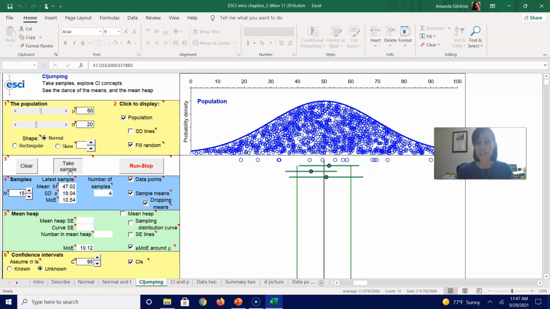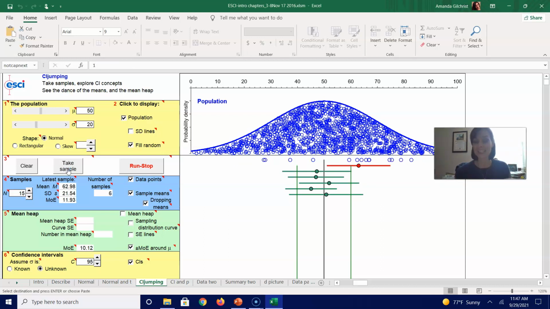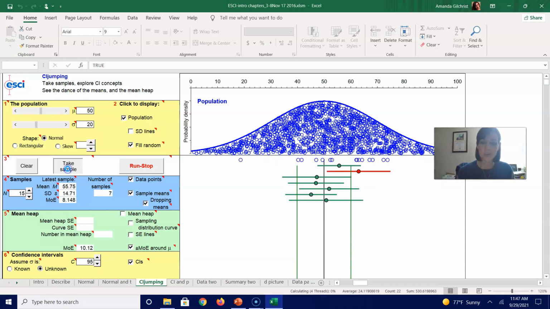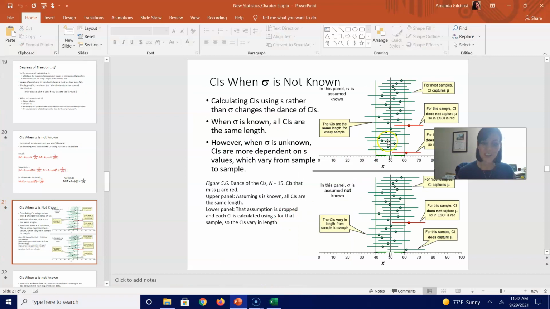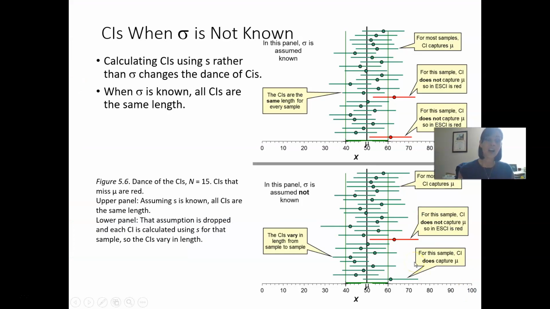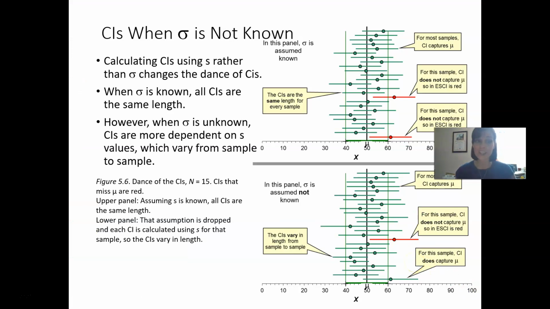One thing I want you to notice: when you know sigma, all of the confidence intervals have the exact same length. When you don't know sigma, I want you to notice that the confidence interval sizes start to vary. So in this particular instance, when you are calculating our confidence intervals using a standard deviation rather than sigma, the dance of the confidence intervals changes.